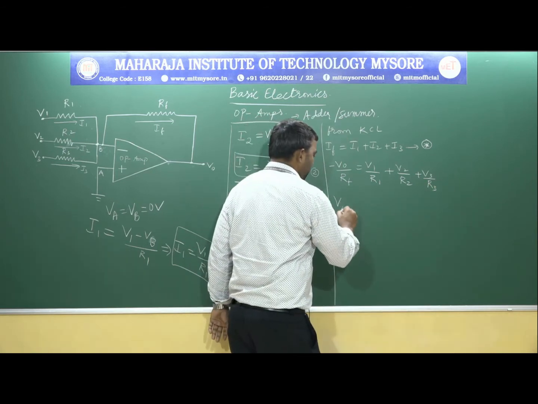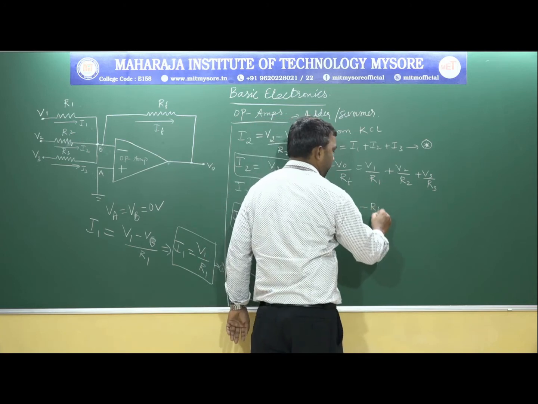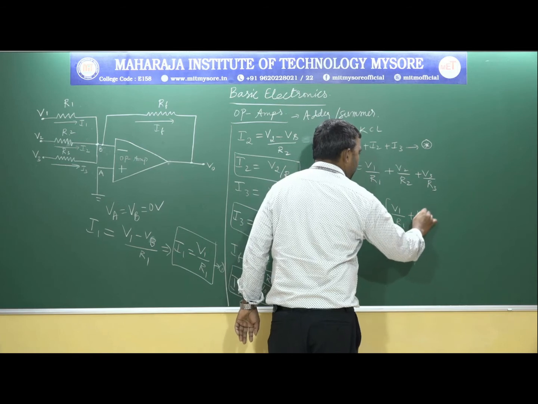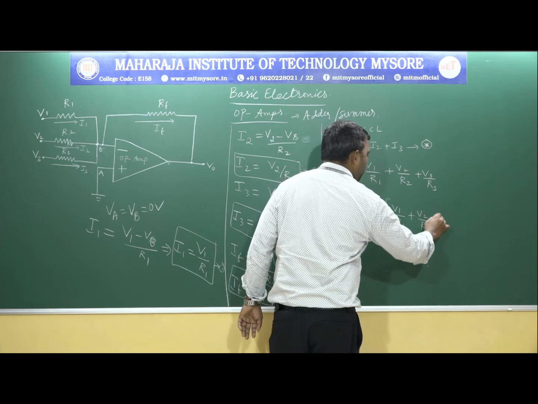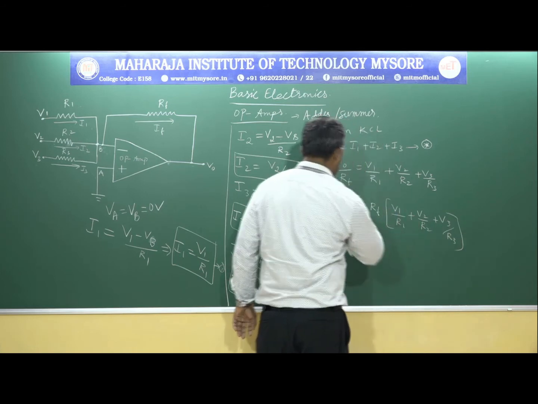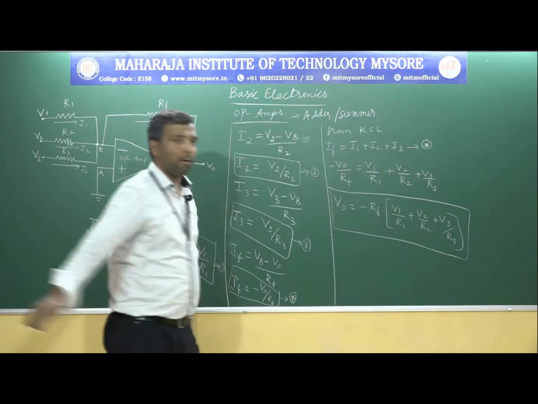Cross multiplying, I can write VO equal to minus RF into V1 by R1 plus V2 by R2 plus V3 by R3. This is the output voltage for the summer.